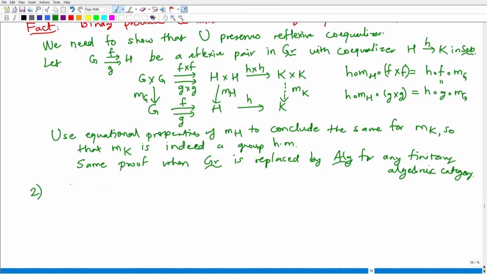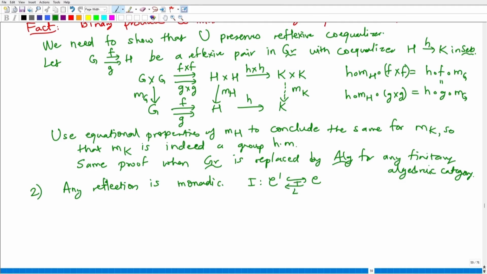So any reflection is monadic. So for example, we are given this inclusion functor I from C prime to C, and then it has a left adjoint.